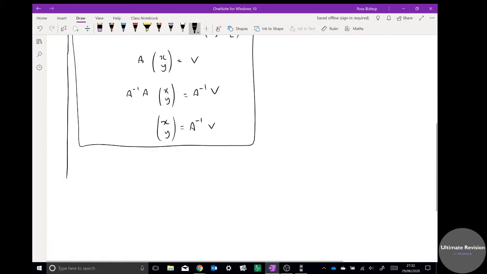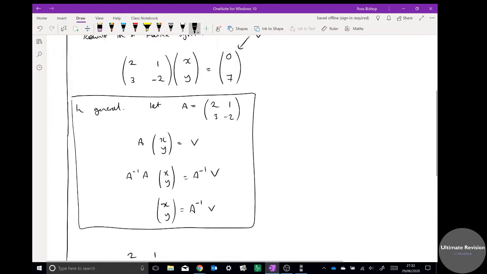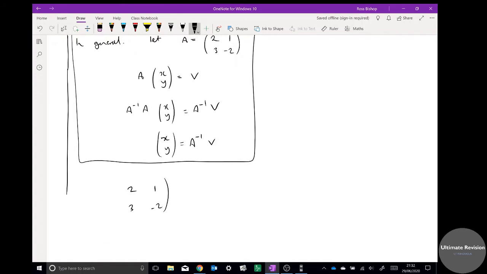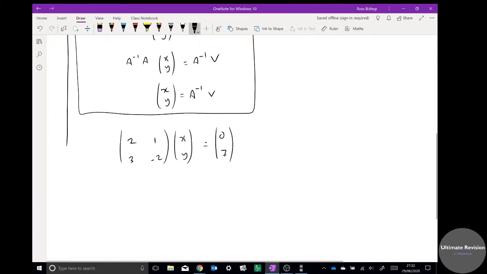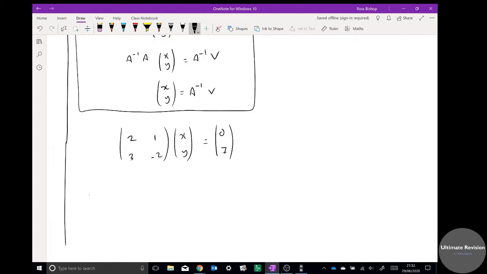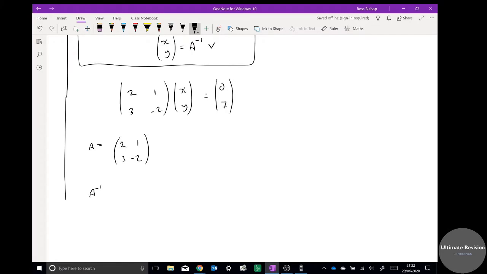Okay, so I've got this system, let's rewrite it. 2, 1, 3, minus 2, times x, y equals 0, 7. Now, A equals 2, 1, 3, minus 2, and I need to work out the inverse of A, A to the minus 1.